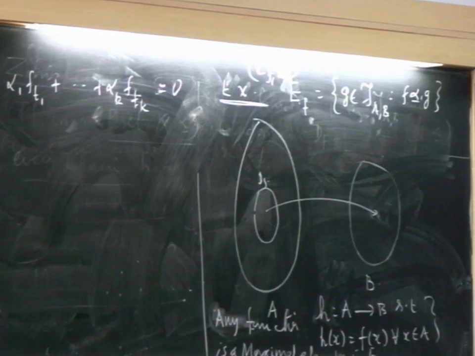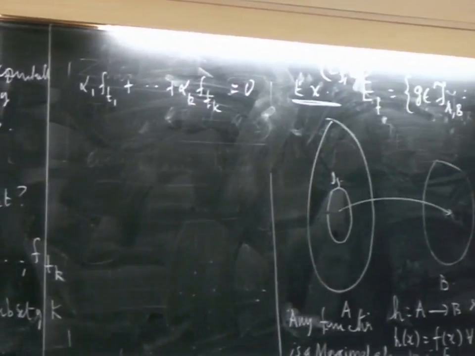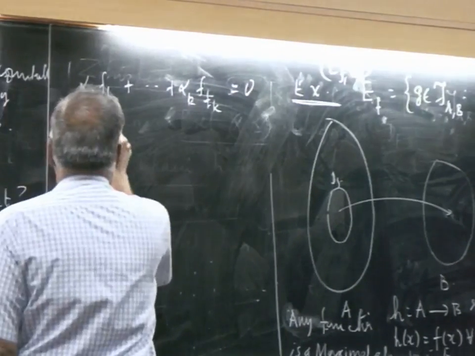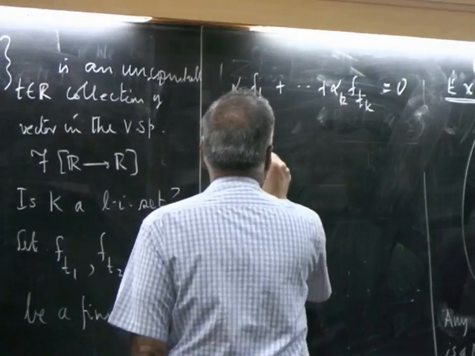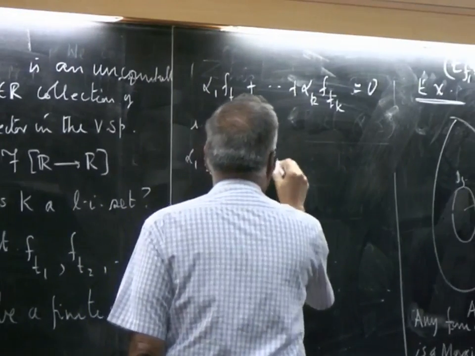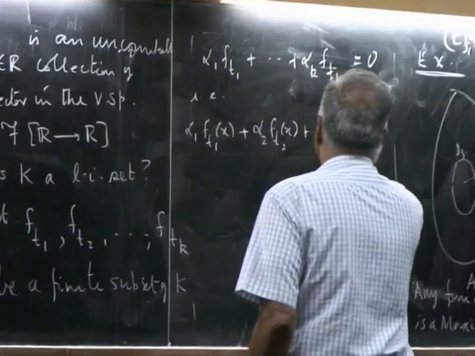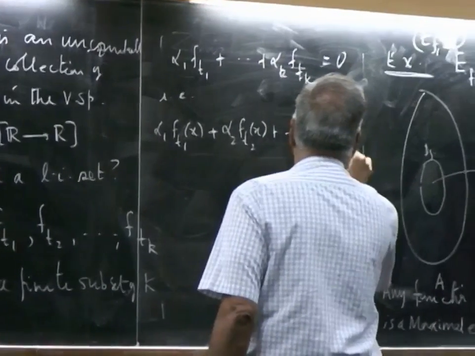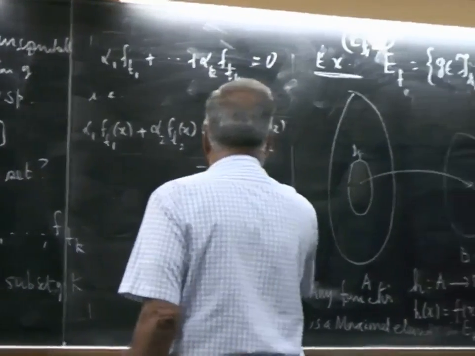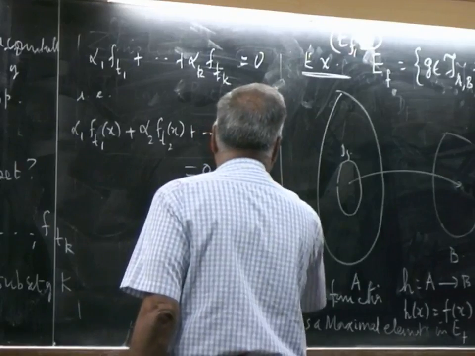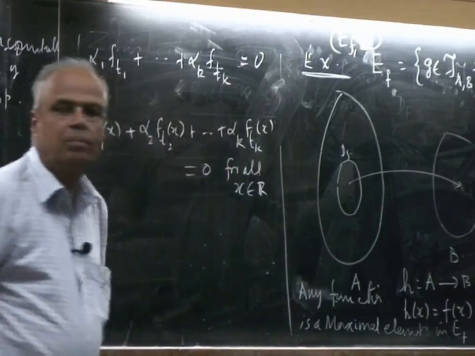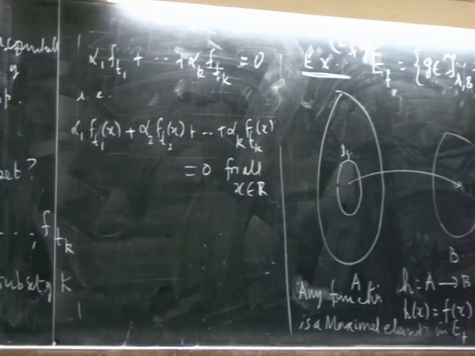So what it says is alpha 1 f_t1(x) plus alpha 2 f_t2(x) plus ... plus alpha k f_tk(x) is equal to 0 for all x in R. The left hand side is the 0 function. That means for every point it must take the value 0.